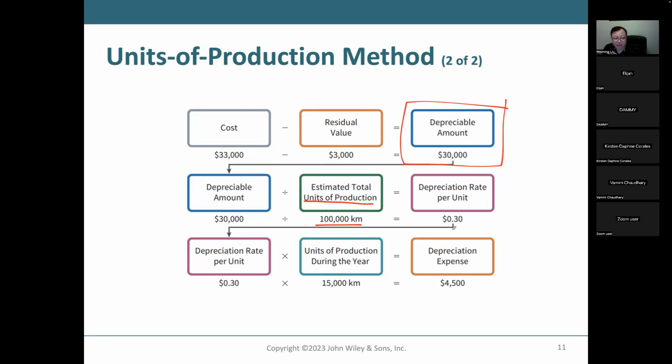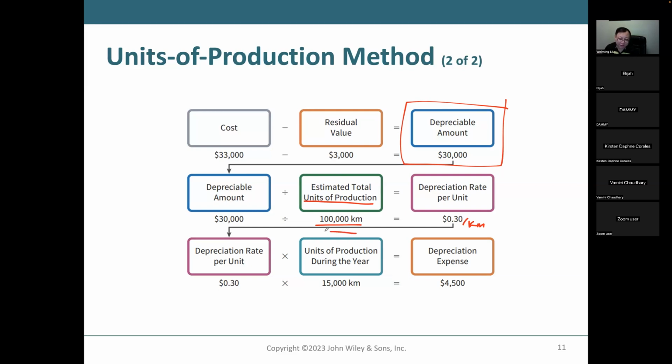You figure out for each kilometer, I only pay 30 cents, right? So the depreciation rate would be, for every 1 kilometer, the depreciation cost would be 30 cents. So for 100,000 kilometers, the depreciable amount is $30,000.